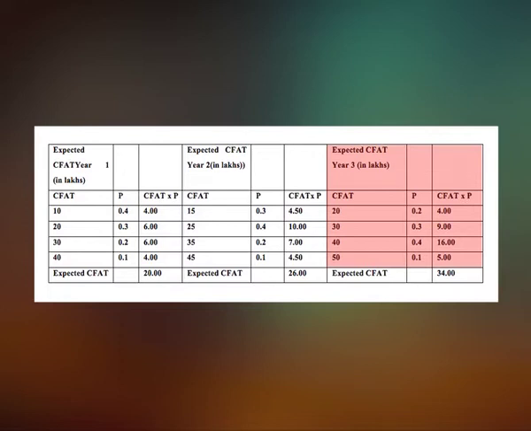Then 30, 0.3, which is 9. Then 40, 0.4, that is CFAT multiplied by P equal to 16. Then 50, 0.1, the product is 5. So, the expected cash flow after tax for year 3 will be 34.